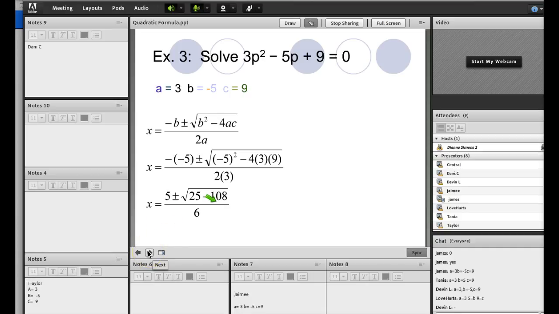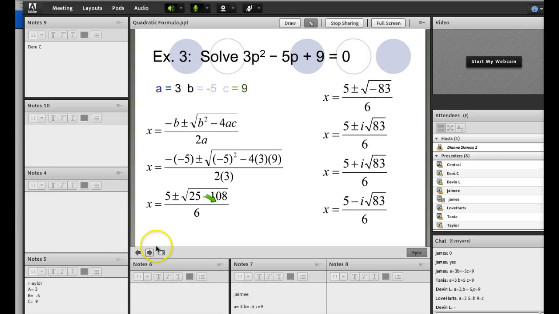And I don't think you have problems like this on your homework, but when you look at the video, it does talk about this. So, see this i? This is where we get that imaginary number. Yes, algebra has imaginary numbers, so that's why it's so much fun, right? We can imagine.